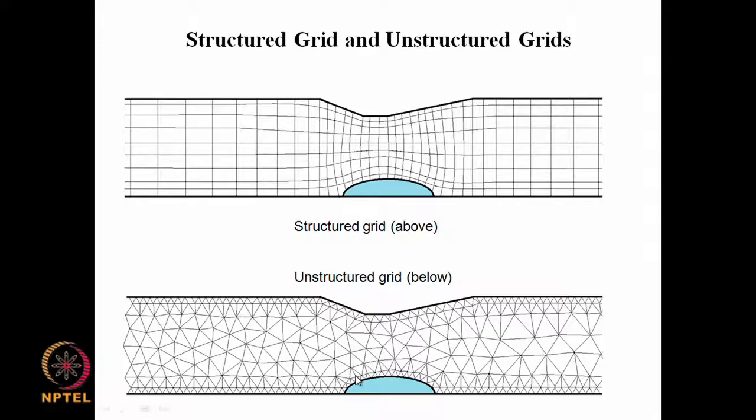As opposed to that we have an unstructured grid. In the case of a structured grid, for example, you have this point here and you have a neighbor here and a neighbor here, and all those things are known. The neighbors are known by the coordinate line on which they appear. For this point, the immediate right neighbor is the one at the next coordinate line in this direction, and the immediate top neighbor is in the next coordinate line in the j direction.